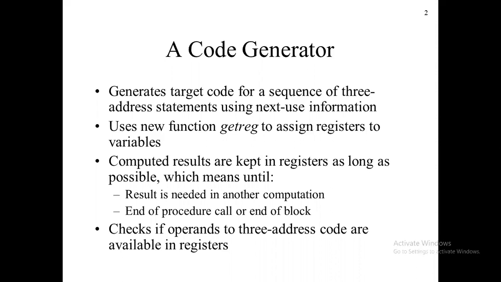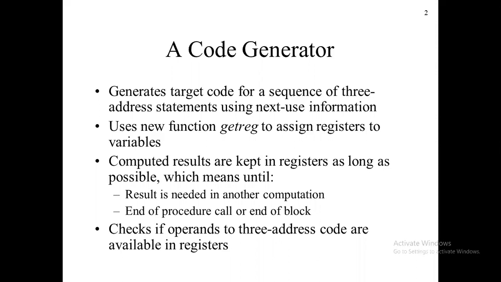In this statement, if the result y is going to be used in a further intermediate statement, you can say y is a live variable. Suppose it is not used in further evaluation, then that is called a dead variable. So if it is a live variable, you have to use it further in the remaining 3 address statements. That is called the next use information.